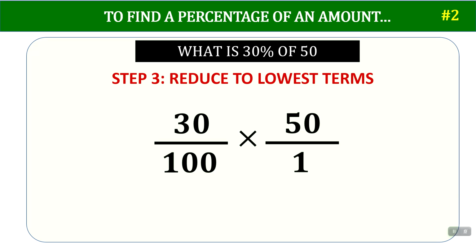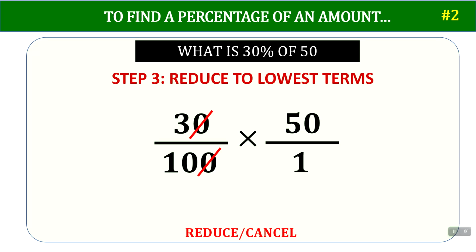I also have a 50 as a numerator and 100 as the denominator. They both end in 0. And again, I can divide both of them by 10, which is the same thing as canceling the 0. So let us choose the 30 and the 100, and we will cancel the zeros, which again is the same thing as dividing by 10.